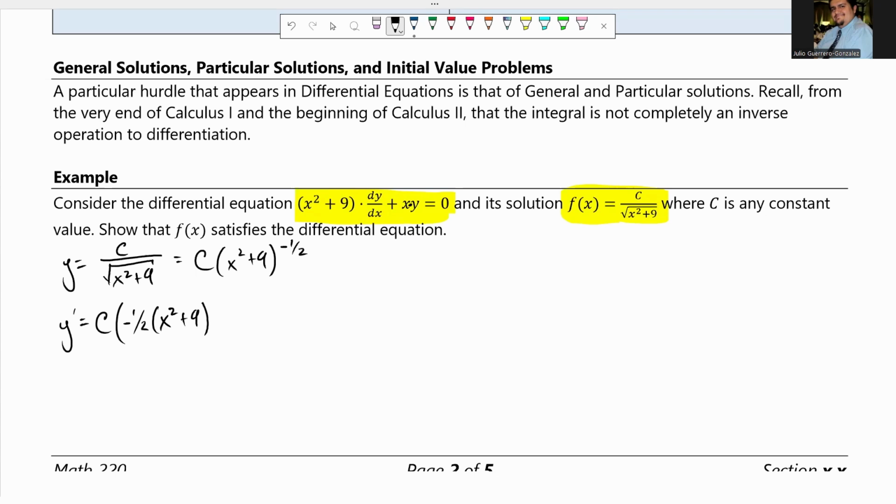I got to do the -1 here, so it's going to be to the -3/2, times the derivative of the inside, 2x. Some of this stuff cancels, so if you take a look, there's a 1/2 and there's a 2. Those go away. There's still a negative there, so this can clean up to negative cx times x squared plus 9 to the negative 3/2.